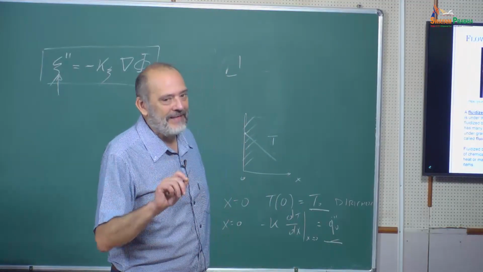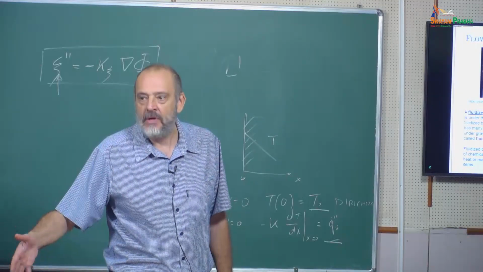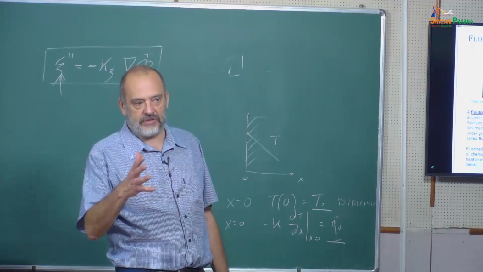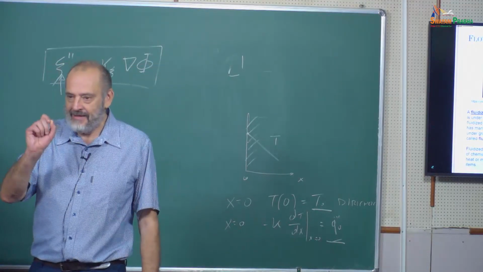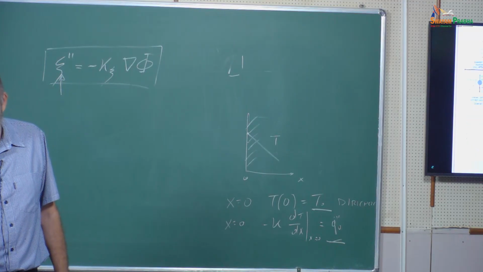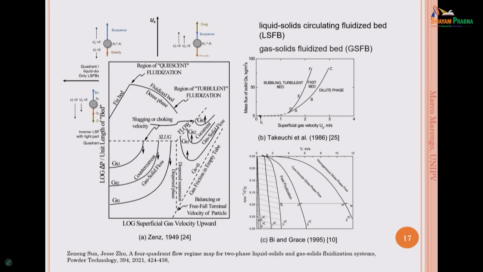Usually a Newtonian fluid, but then you need to change the value of the viscosity in order to fit the experimental data, for example. It's not really possible to calculate how much the viscosity is for all these kinds of situations. And so you have different conditions and so on. This is a paper, for example, on the gas-solid fluidization system in Powder Technology, and you can see different conditions.